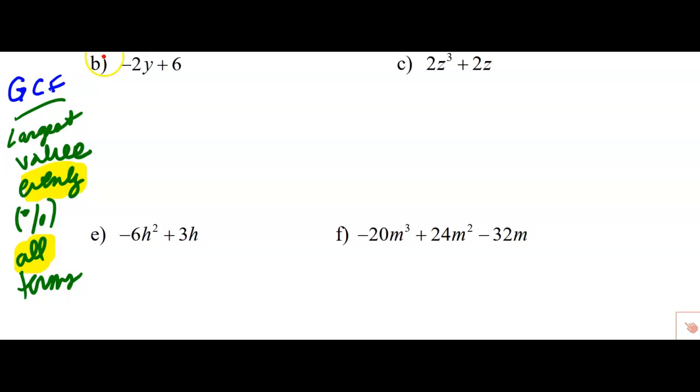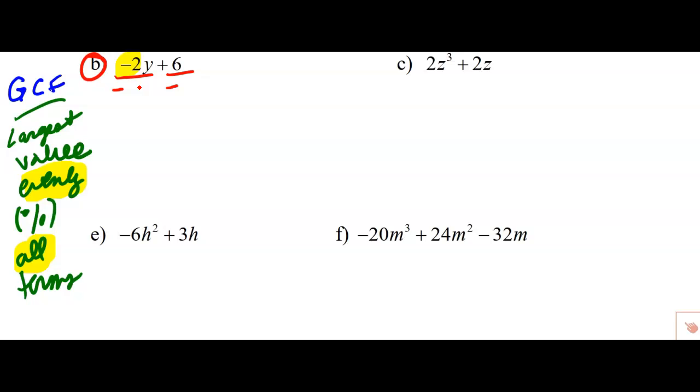So looking at the first problem, we have negative 2y minus 6. Whatever the sign is on this first term, that should be the sign on your GCF. So my GCF is going to be negative, since it's a negative 2.